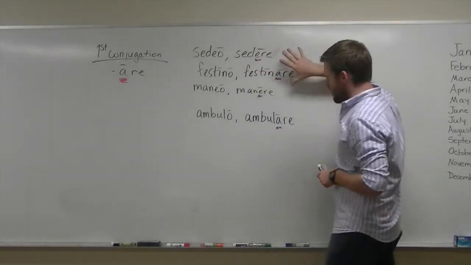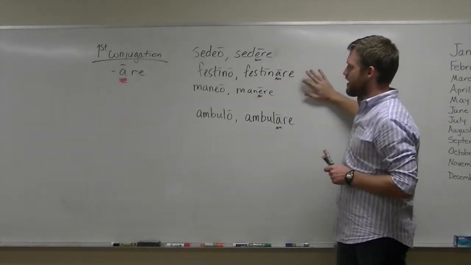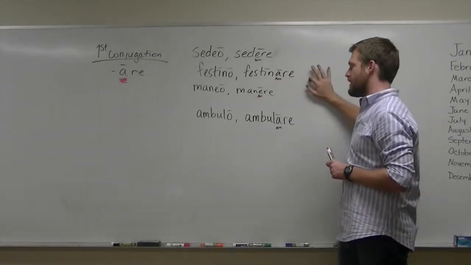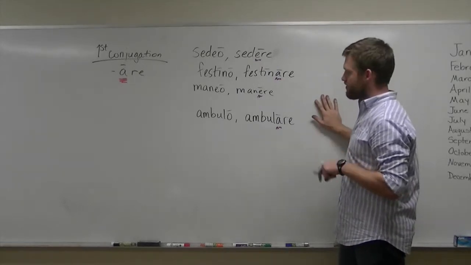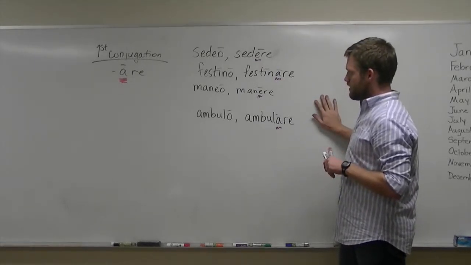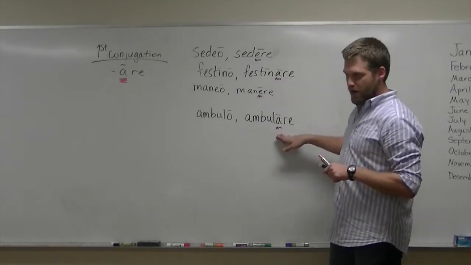Okay, so here on this board of 4, sedeo, sedere, festino, festinare, maneo, manere, and ambulo, ambulare, what are the first conjugation verbs? Festinare and ambulare. Good. Festinare and ambulare. Okay?